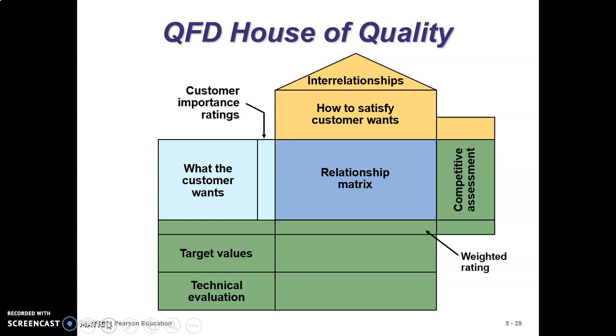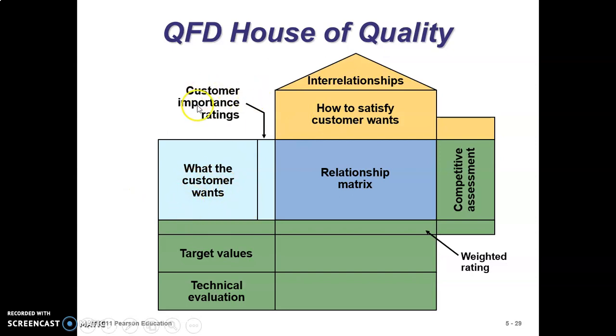Okay, so as you can see here, this is called house. So we have to combine what customers want, and how to satisfy customer wants, and they have their own relationship metrics, and we want to see how the customer can be satisfied with their wants.